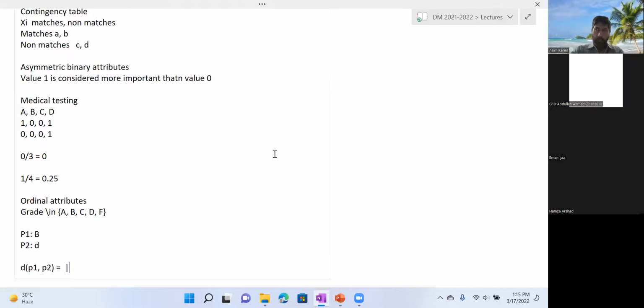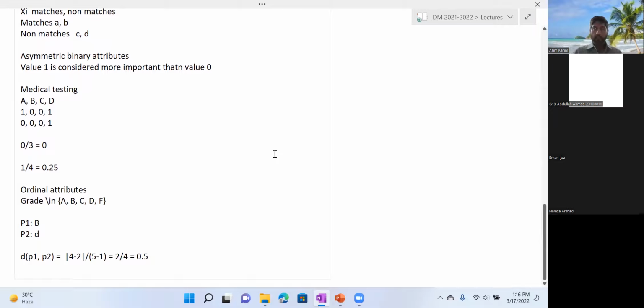This would simply be the absolute difference between the values, which is 4 and 2, divided by, since we have 5 possible values, the maximum, which would be 5 minus 1, 4. So we'll have 2 over 4, which will be 1 over 2. Okay, so this is the dissimilarity between the two objects if the objects are represented by ordinal attributes.